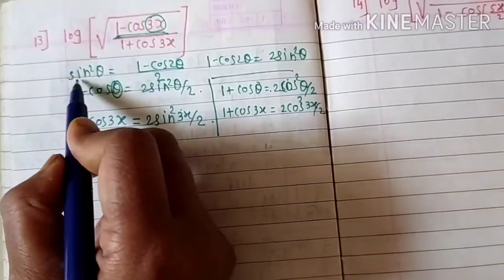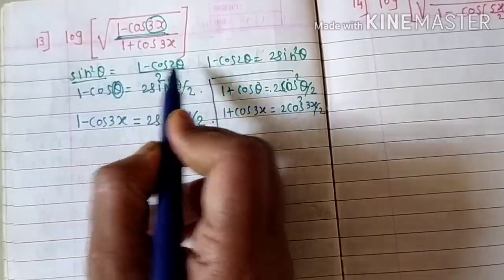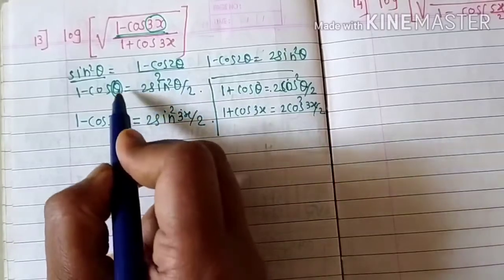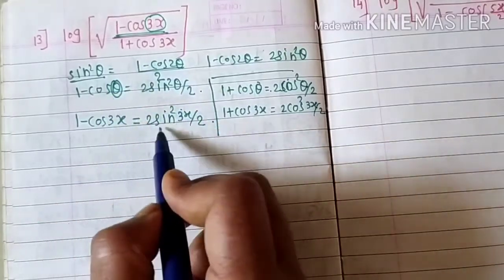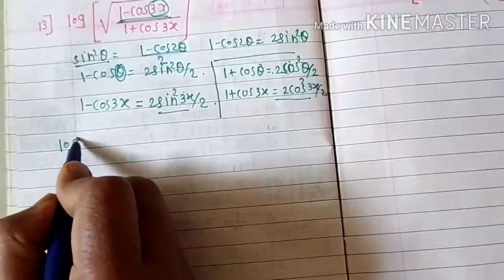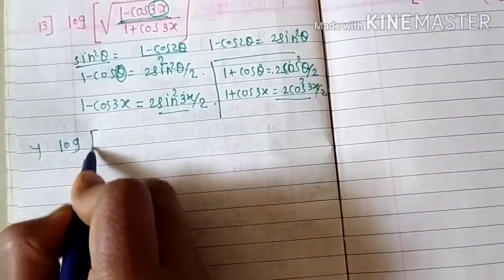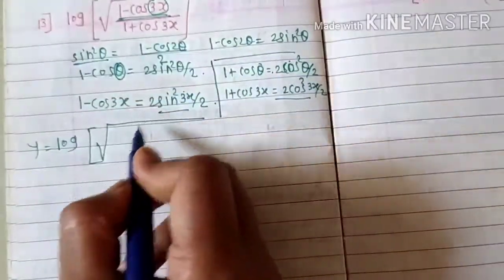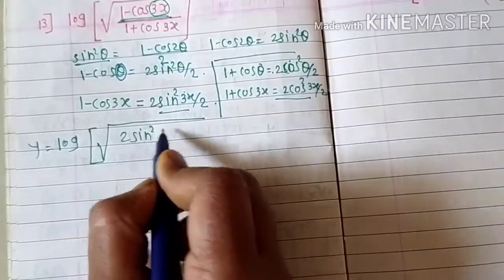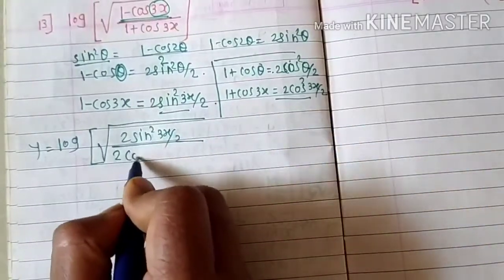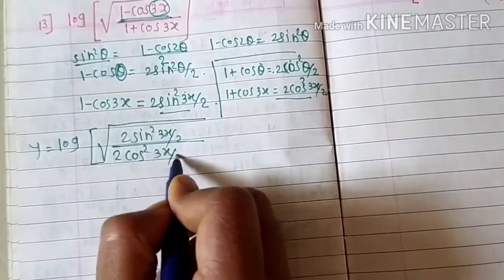Which result do we have to use? For the half angle we get 2 times sin square theta by 2, and in place of theta we substitute 3x. Then we get these two results. If we substitute these, y is equal to log of square root of, first, 1 minus cos 3x, which is 2 times sin square 3x divided by 2, over the second one, 1 plus cos 3x, which is 2 times cos square 3x divided by 2.